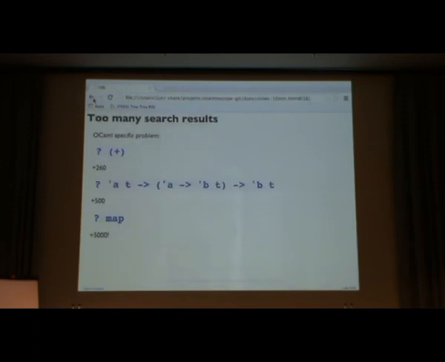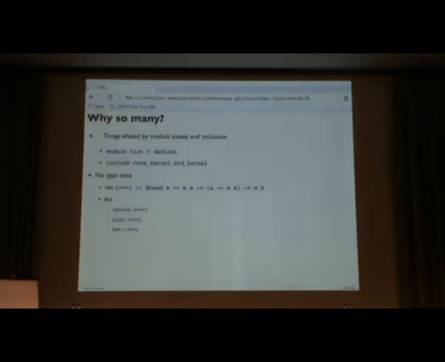So I had to work around this. This is because in OCaml we can pretty easily duplicate things using module aliases and module inclusion. And in OCaml we have no type classes, so many names are scattered around many modules.